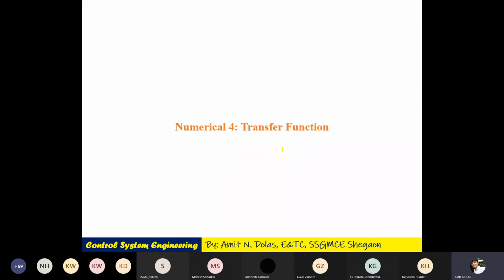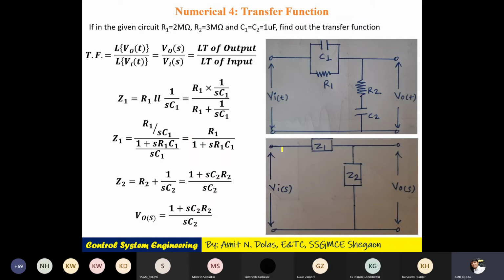Now the next is numerical number 4, where in the given circuit R1 is 2 mega ohm, here is R1, R2 is 3 mega ohm, here is R2, and C1 and C2 values are the same, that is 1 microfarad here and here.